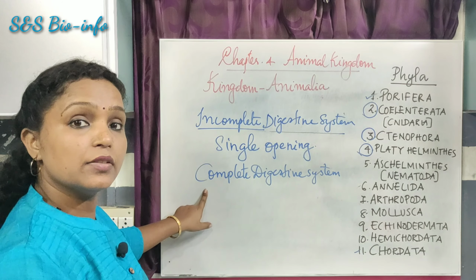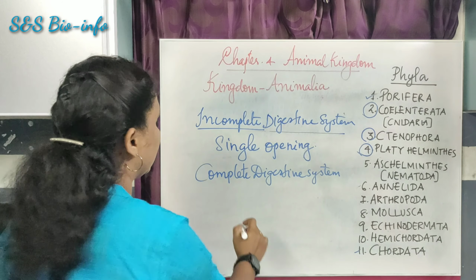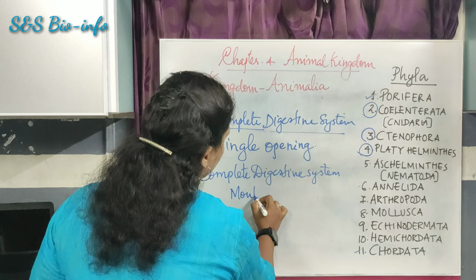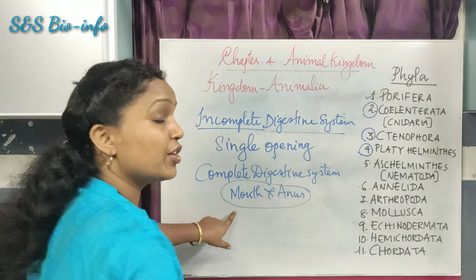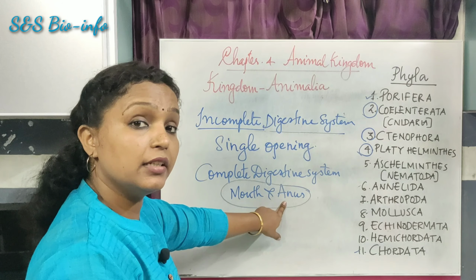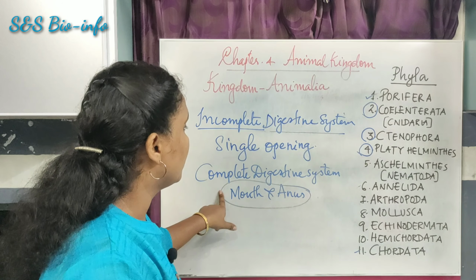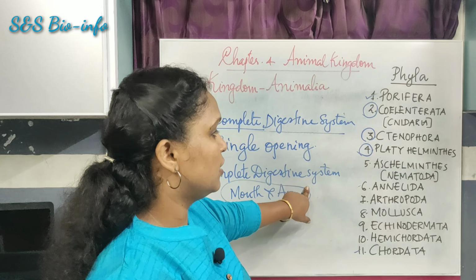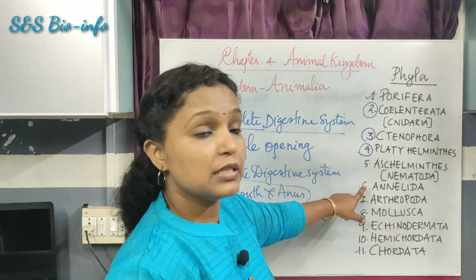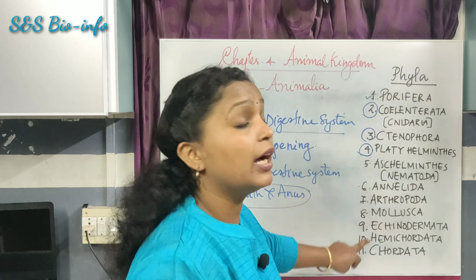This type of digestive system consists of both mouth and anus. Mouth is for ingestion of the food, anus is for the egestion of the food. So such type of digestive system is complete digestive system. This type of digestive system is found in the animals from helminths to the Chordata.